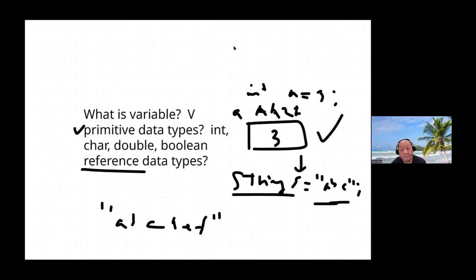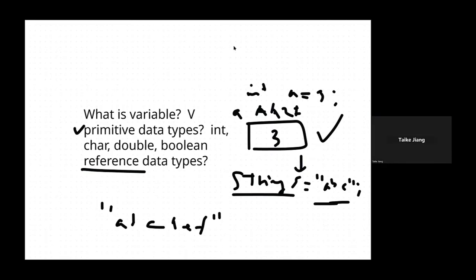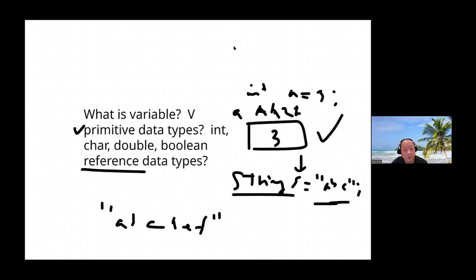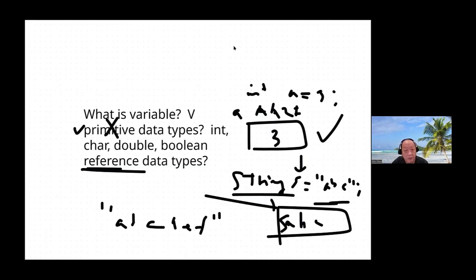So you cannot use a primitive data type. You have to store it as a reference data type. It creates a memory location and you store ABC in there, and it can be ABC or ABCDEF depending on how long it is. Then your string holds the address to that memory location. So it's indirectly pointing to the data, which we call reference data.